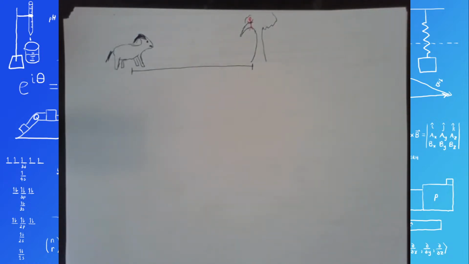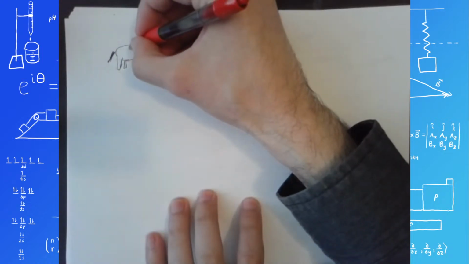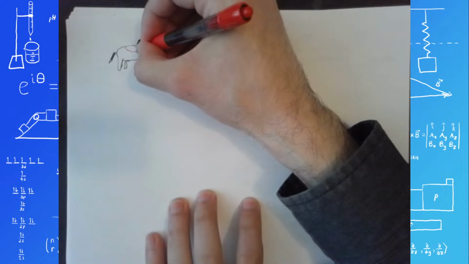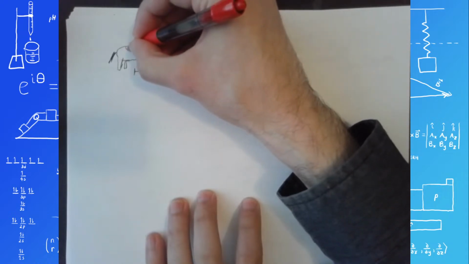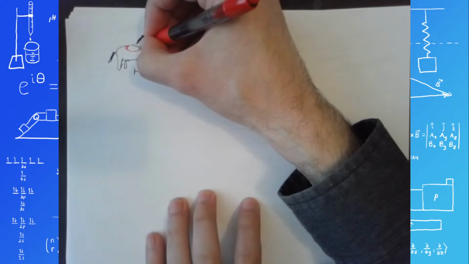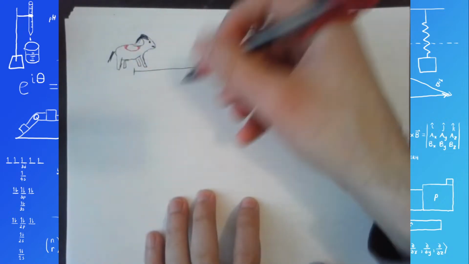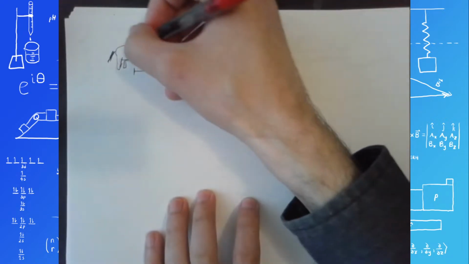He needs to time his drop so that he actually lands on the horse saddle, and so that he can achieve a perfect landing. So he is 3 meters above the level of the saddle. I didn't draw a saddle here, but just pretend that's a saddle.